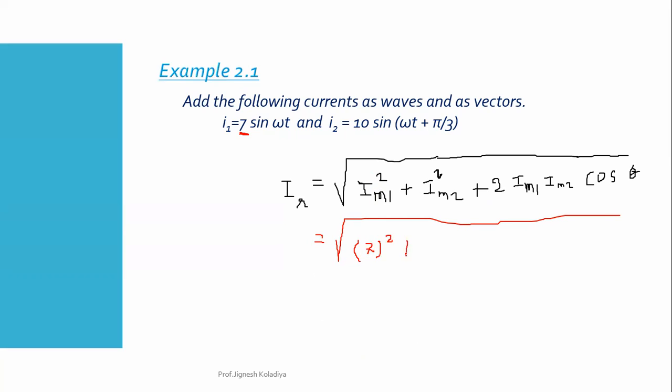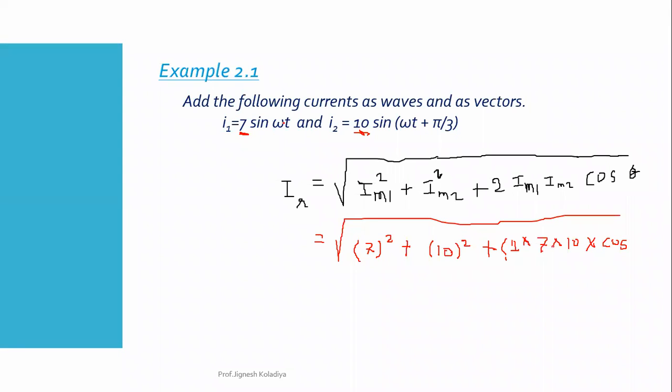Seven square plus Im2, the amplitude of the second vector, this is 10, plus 2 into 7 into 10 into cos theta.